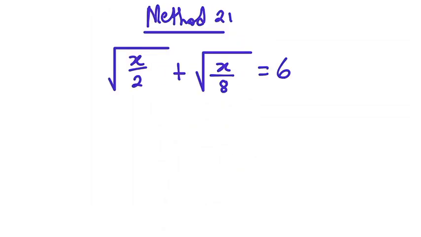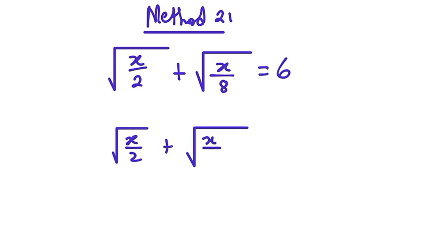Alright, so method 2. We have the square root of x over 2 plus the square root of x over 8 equals 6. So we have the square root of x over 2, plus, here we can write the square root of x over 2 times 4, equals 6.